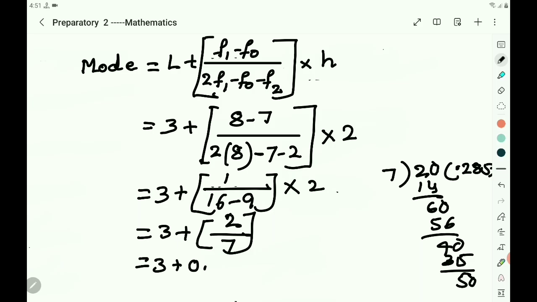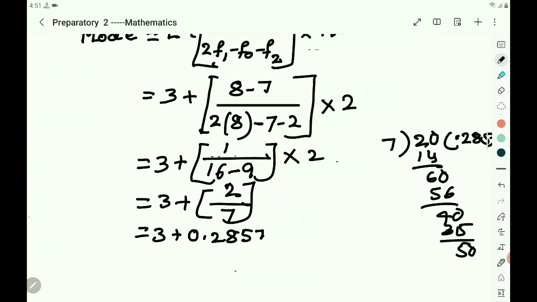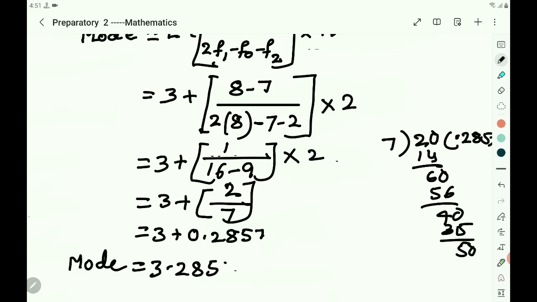So 0.2857. You will get mode equals 3 point. Sum of 3 and 0.2857 is 3.2857. 3.2857 is the mode.